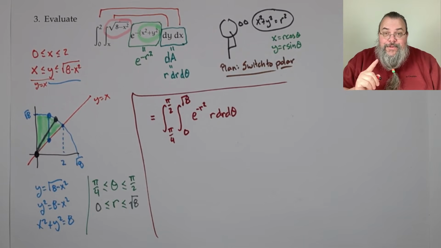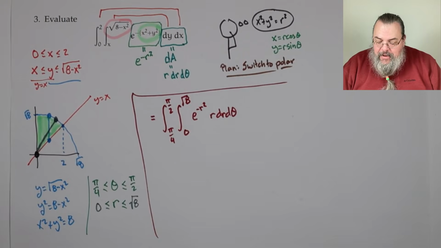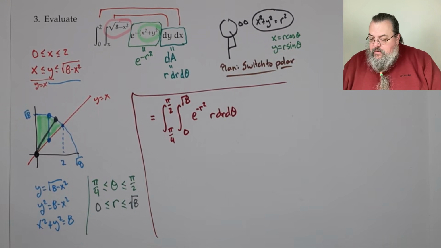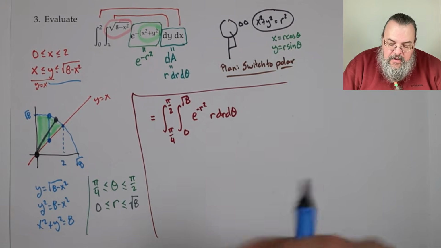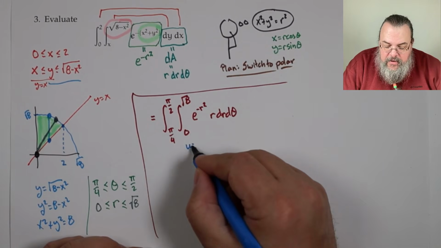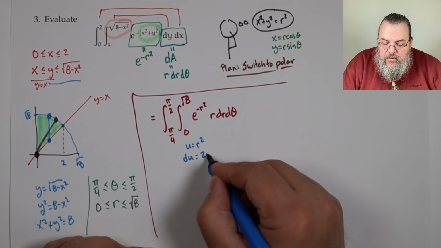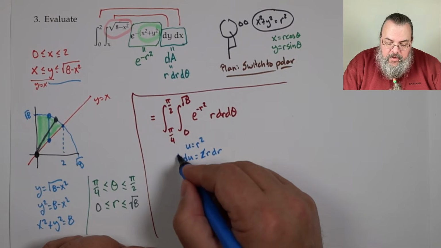We can do substitution. So that's our plan. We're going to let u equal r squared. And what does that give us? If we let u equal r squared, du is 2r dr.